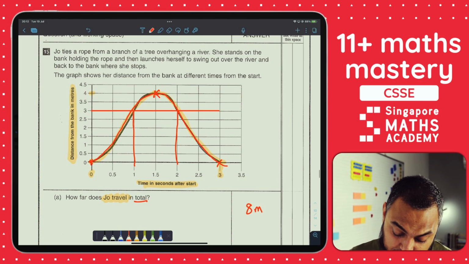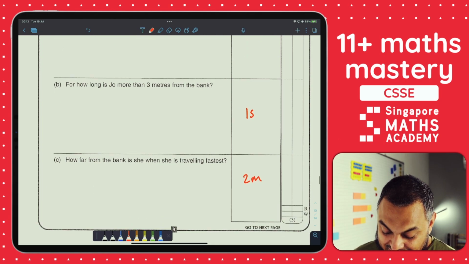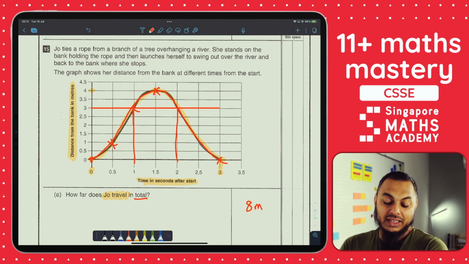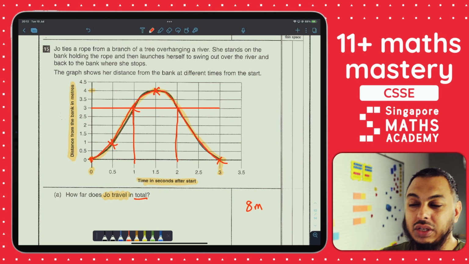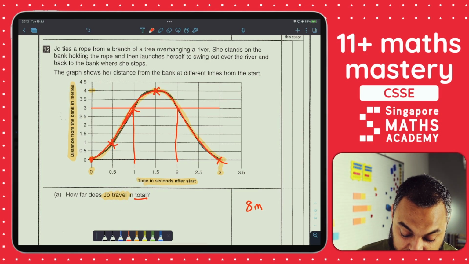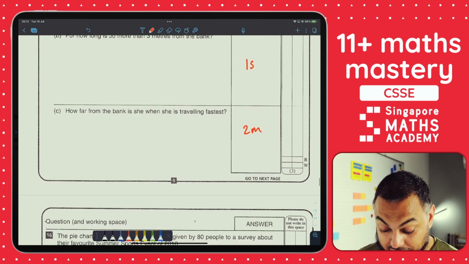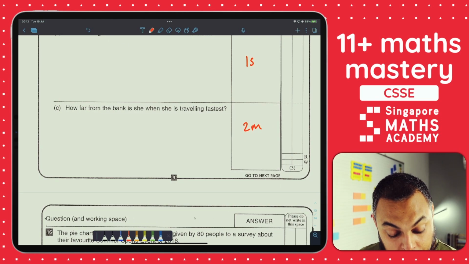I think the fastest time is probably going to be from here to here, that 1 second period. That's 1 to 3, so it's going to be 2 meters. But it doesn't say in any specific period of time. So that is a really poor question from them. That's the fastest 1 second period that we can see. And so that's going to be 2 meters, not seconds, so 2 meters.